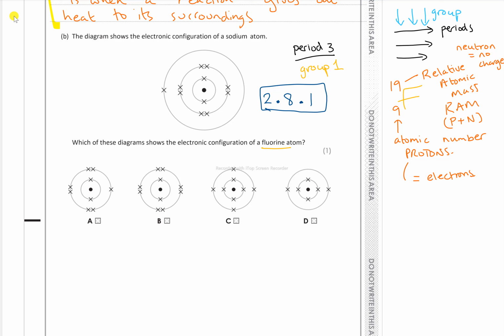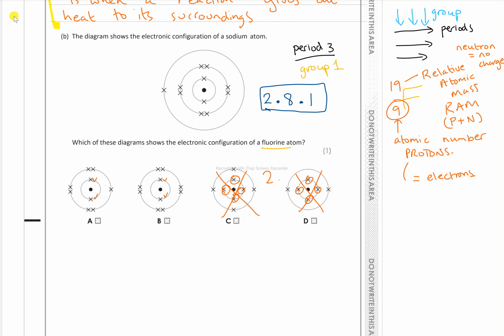So we're expecting 9 electrons, yeah. Right, look, this one's wrong straight away. It's got 1, 2, 3, 4 on the first shell. This has got 1, 2, 3, 4 on the first shell. You're only allowed 2. So that's got 1, 2. That's got 1, 2.